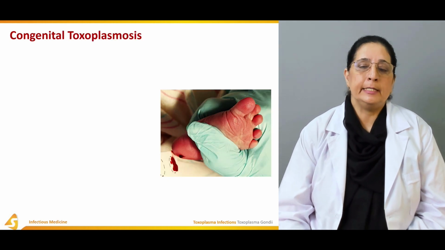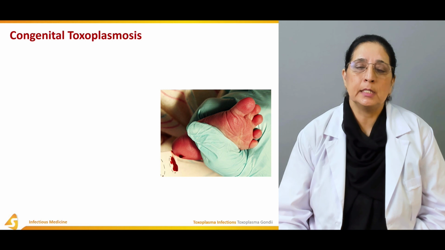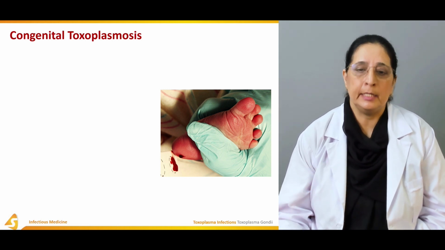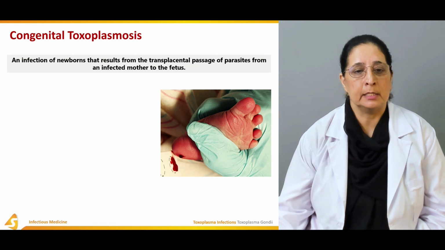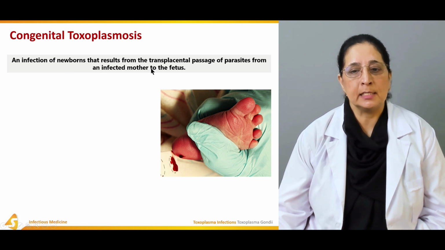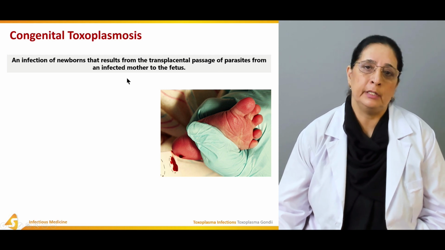Now the congenital toxoplasmosis. Congenital means present at birth. So congenital toxoplasmosis is an infection of newborns that results from the transplacental passage of the parasite from a mother to the fetus.